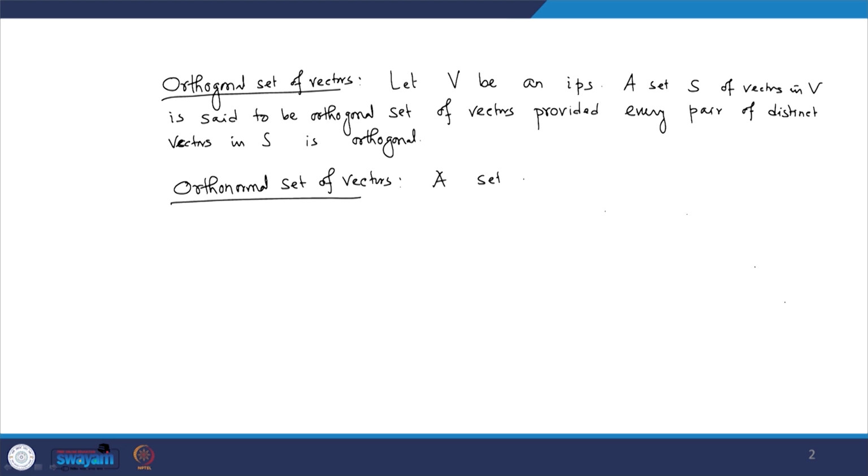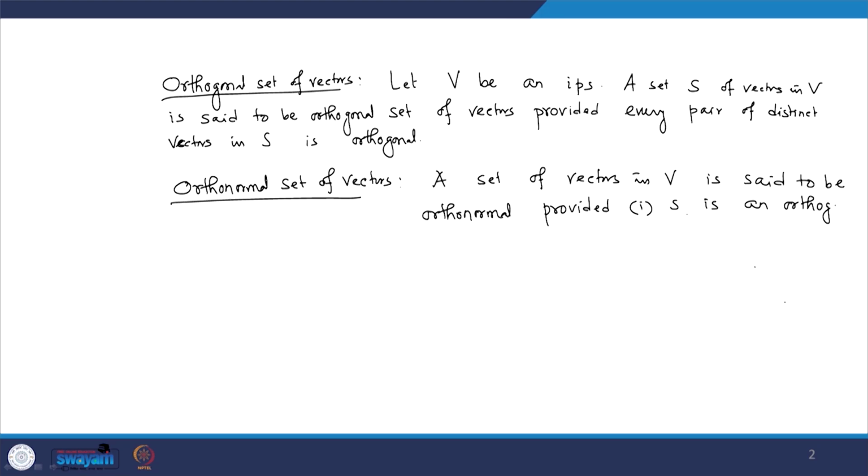A set S of vectors in V is said to be orthonormal provided, first, S is an orthogonal set of vectors, and second, the norm of each vector alpha in S is 1.